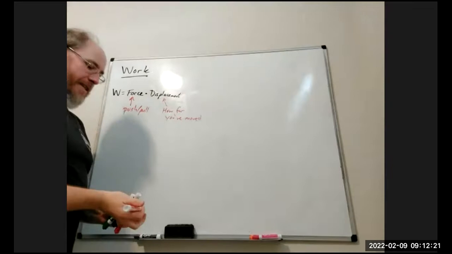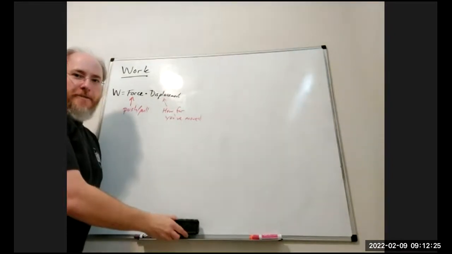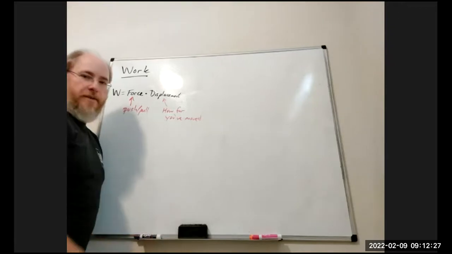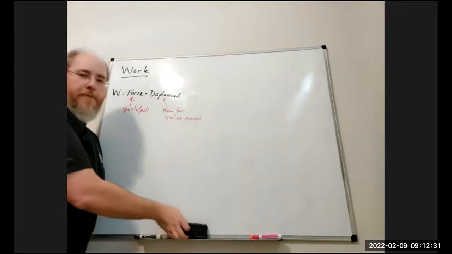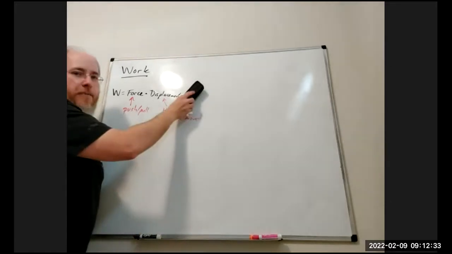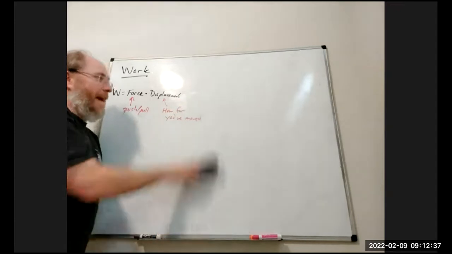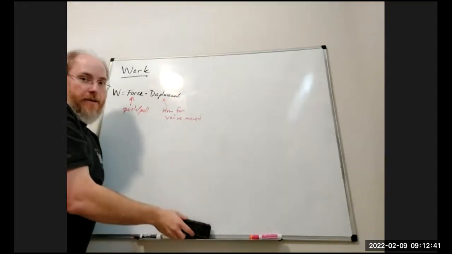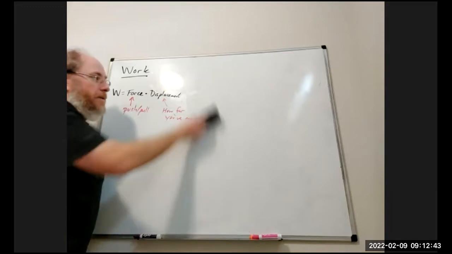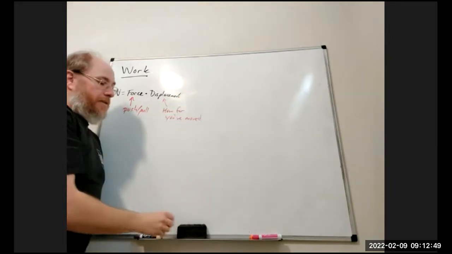All right, so for example, look at what I just did when I grabbed my eraser. So the eraser was sitting right down here in the bottom of the screen. I picked it up and I moved it up here. The displacement was that distance. I went from point A down here to point B up above. Okay, that's displacement.